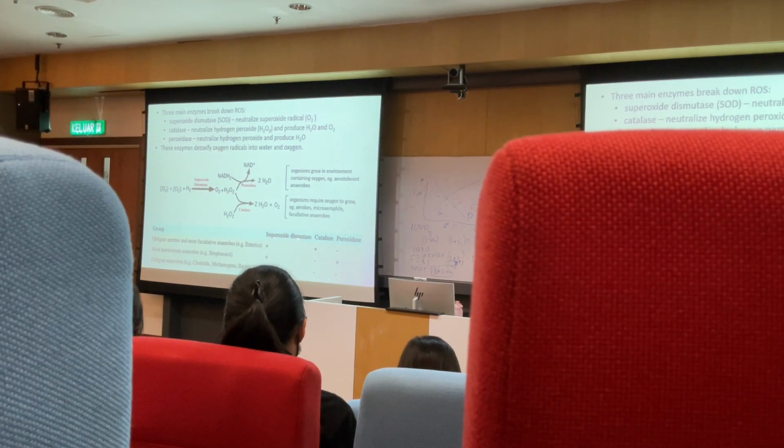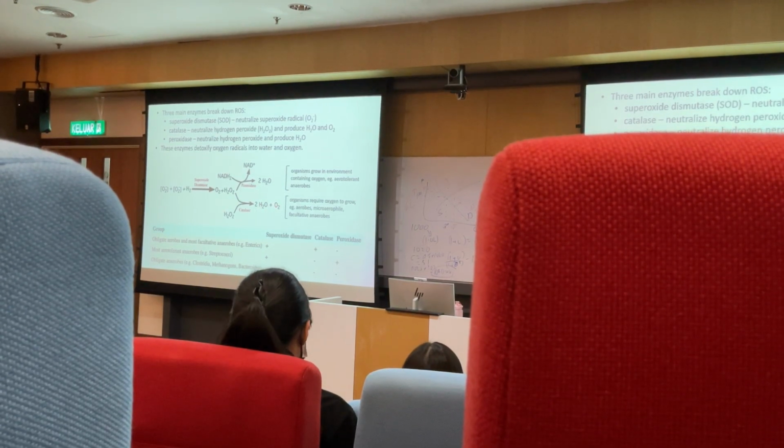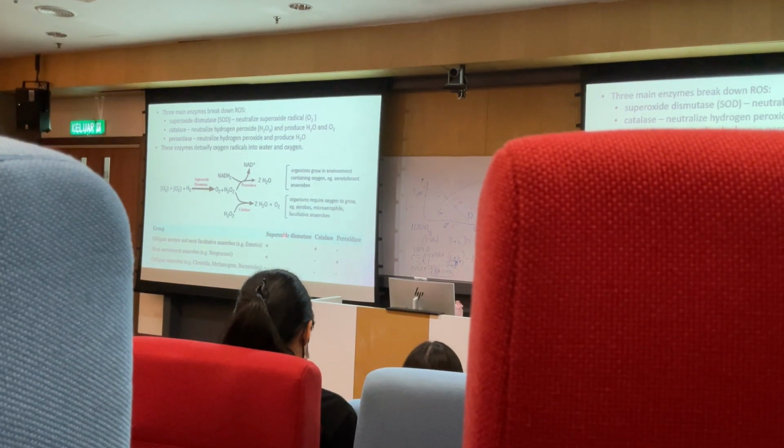So they have superoxide dismutase, but they will not go through the peroxidase pathway. Instead, they will use catalase to convert it to water, which is not toxic, and also generate oxygen. So they have superoxide dismutase and catalase. They do not have peroxidase.